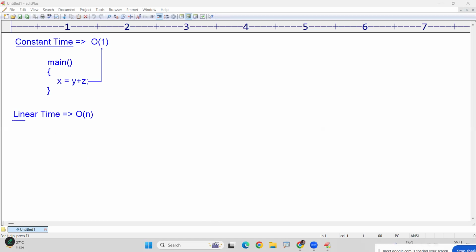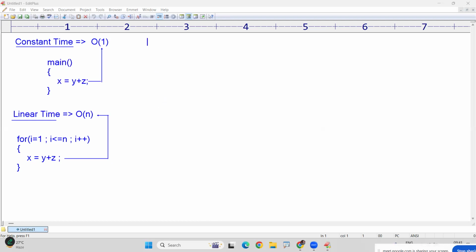If anything is repeating, loop repetition, i starting from 1, i less than or equal to n, i plus plus, and inside that you write a statement, how many times will it execute? It will execute linear times.